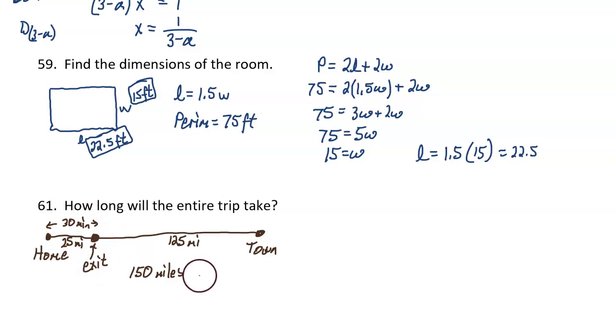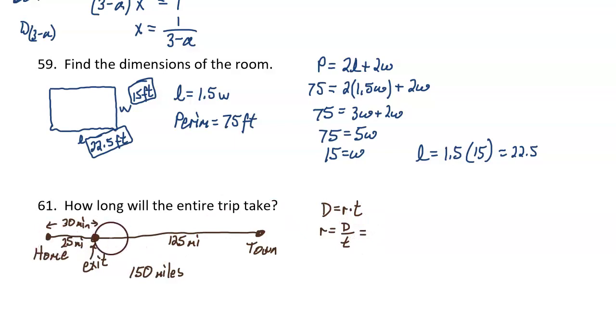We can also use the information we have to find our rate of speed. There's a formula that relates distance, rate, and time. It's d equals r times t. If you rearrange this formula to find the r, it becomes r equals d divided by t.